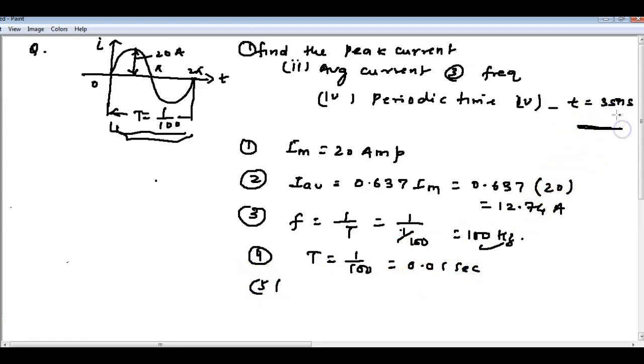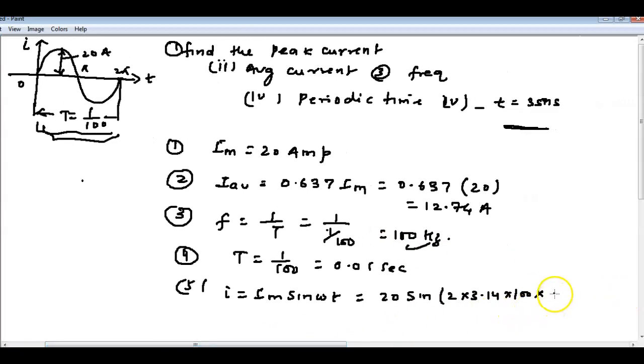And fifth is given here. Find the instantaneous value of current at 3 milliseconds. So you write the equation and put t is equal to 3. How will you write the equation? i is equal to Im sine of omega t. Substitute the values here: 20 sine of 2 into 3.14 into 100, since frequency is 100, and t is 3 milliseconds, 3 into 10 to the power of minus 3.